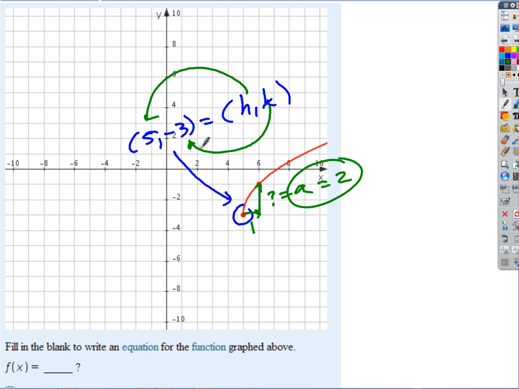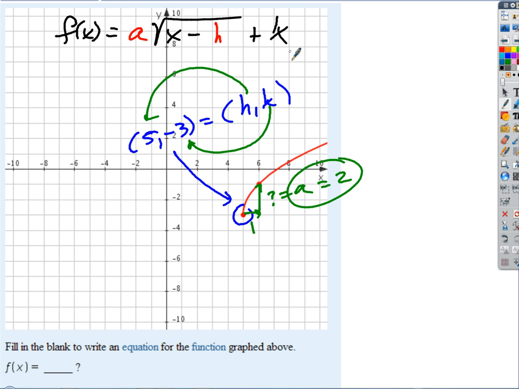All we do is plug it into a standard square root function, right? So we want to plug that into f of x equals a times the square root, because it's only on one side. Everybody agree? Square root of x minus h, plus k.